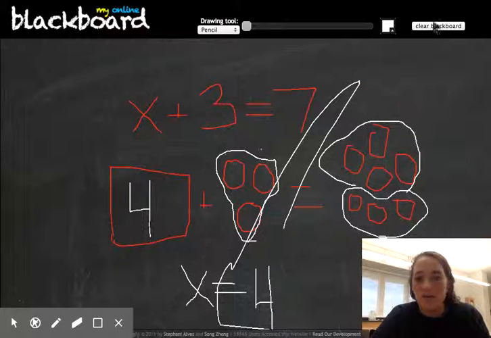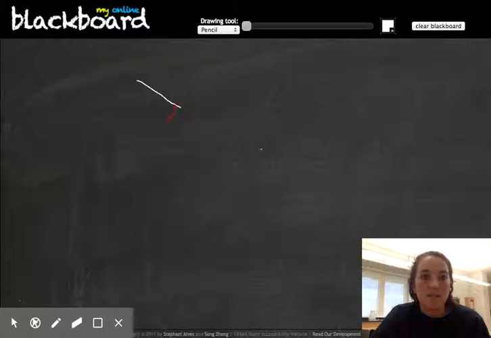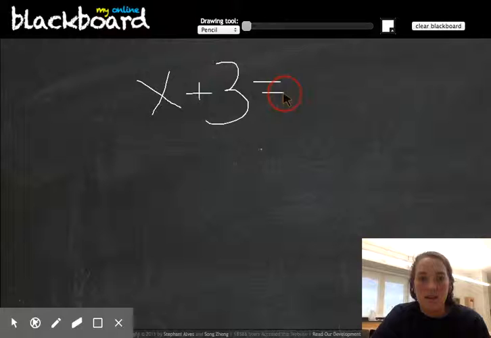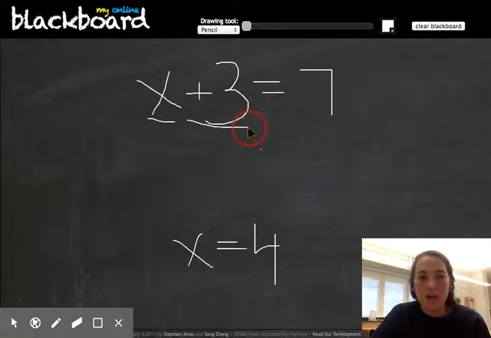So now that we know x equals 4, let's try this without using a model. So we have x plus 3 equals 7, and we know we're trying to get to x equals 4, because we're trying to get x by itself. So we're trying to undo the addition that we did. How do you undo addition? Yeah, you have to use subtraction.